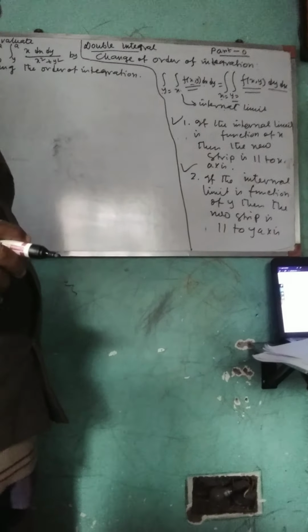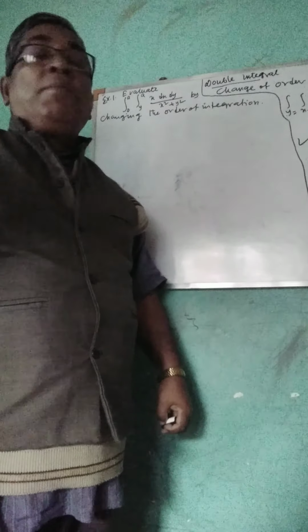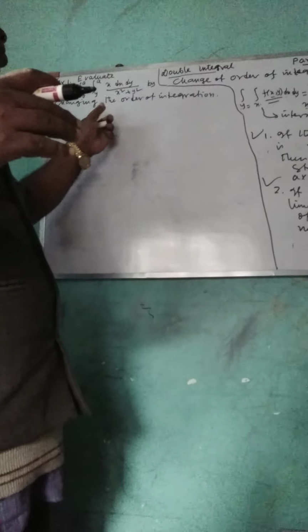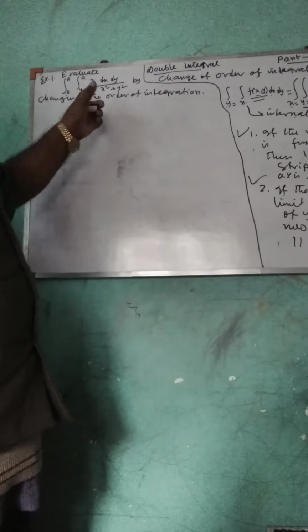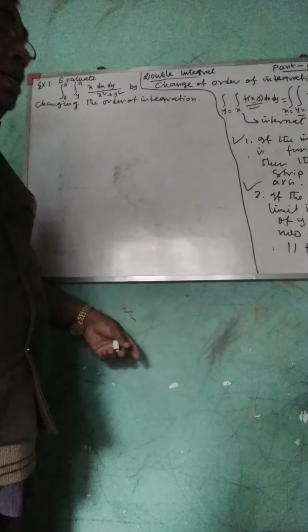Actually, in some double integrals it is very tough to integrate, so if we change the order of integration, it will be easier. This is the only reason that we are changing the order of integration.